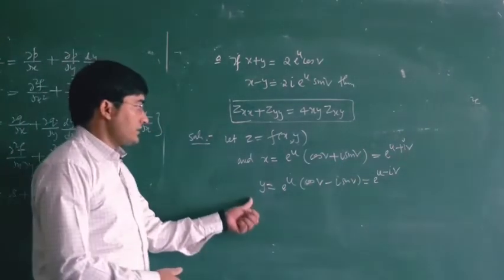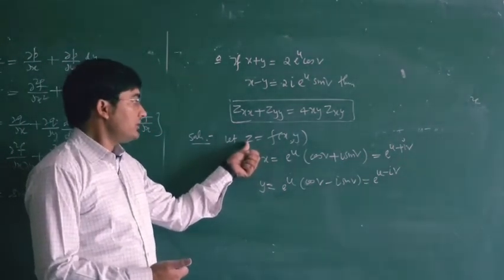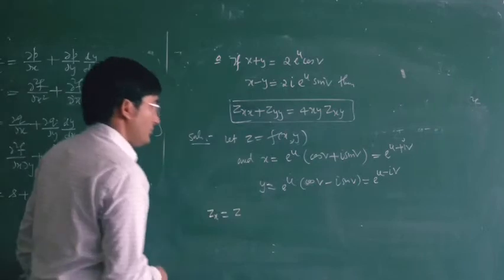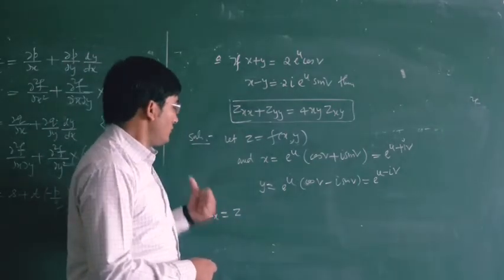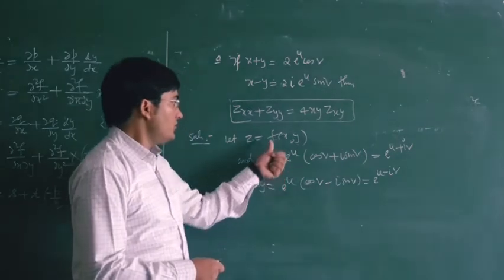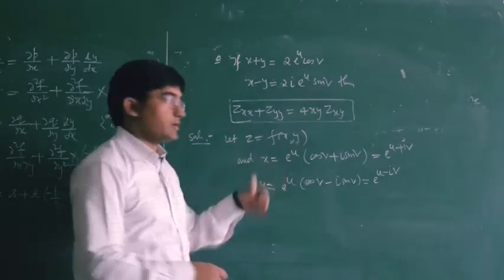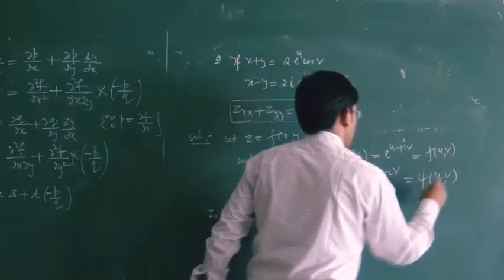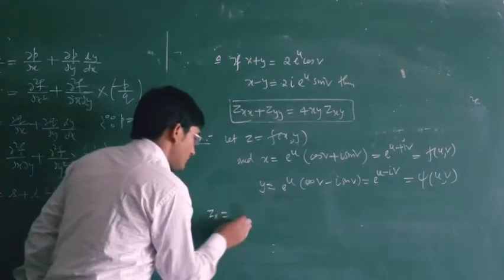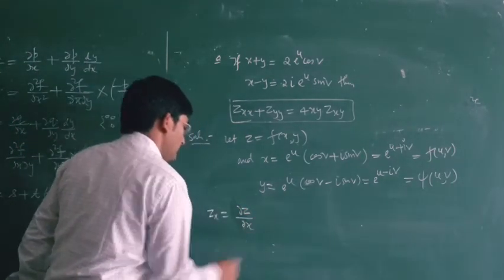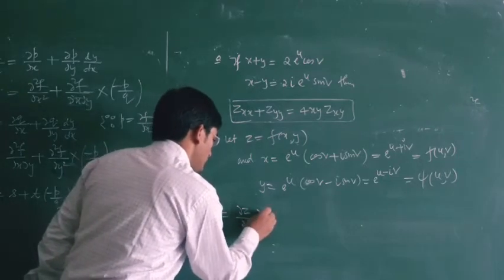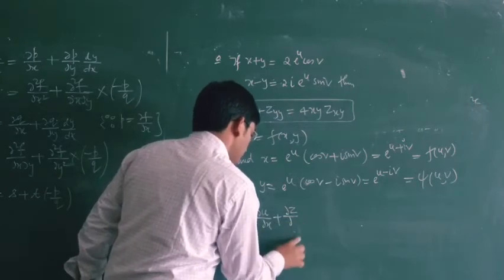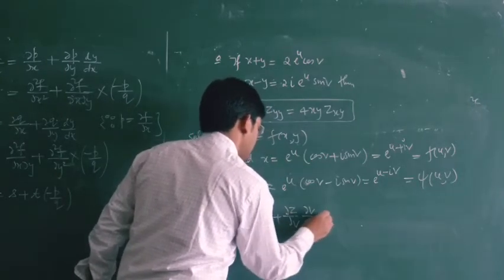Now we have the values of x and y, so we can easily compute z double x and z double y. So z_x, now because our z is not a function of u and v right now, our z is a function of xy, where our x and y are functions of u and v. So we can say that it is a function of u, v, which is from another function of u, v. So let's use the chain rule. This is wrong.